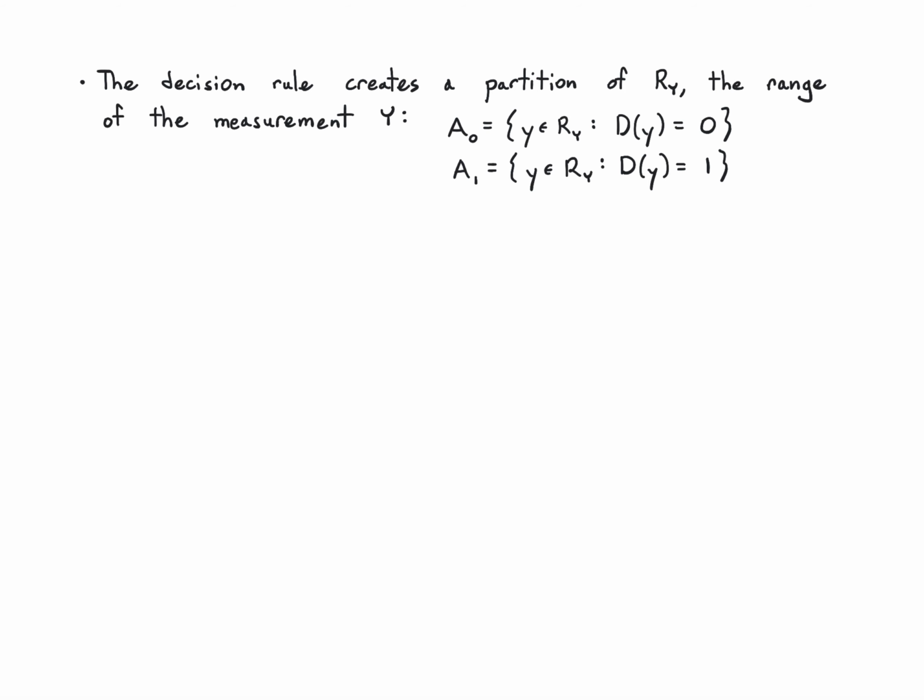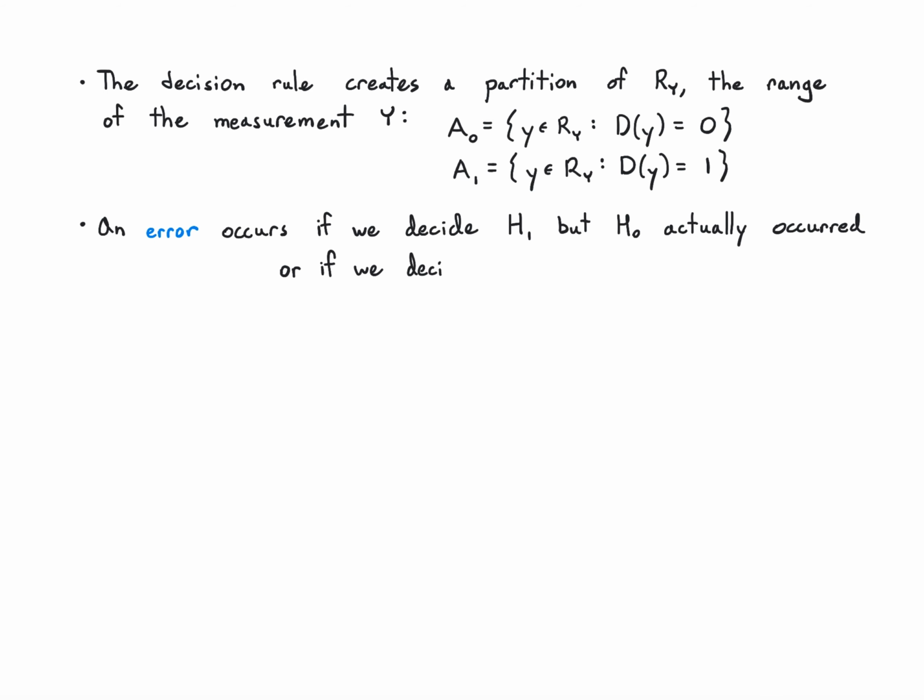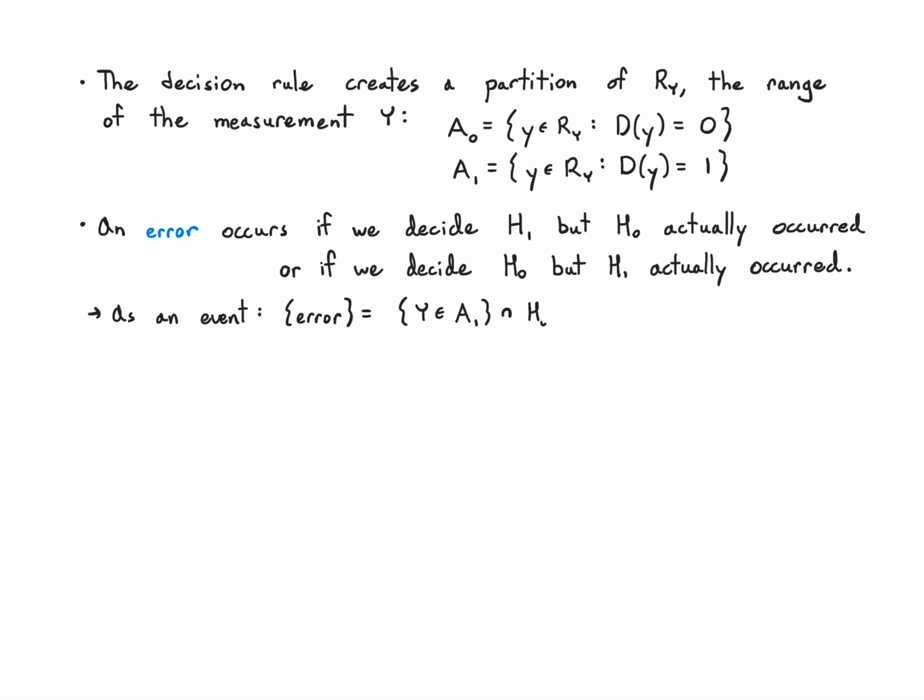We're going to say an error occurs if what I decide is wrong. So if I decide H1, but actually H0 was the thing that occurred, or if I decide H0, but H1 was actually the thing that occurred. How do I write this as an event? Error is when Y falls into A1, but H0 is the thing that occurred.